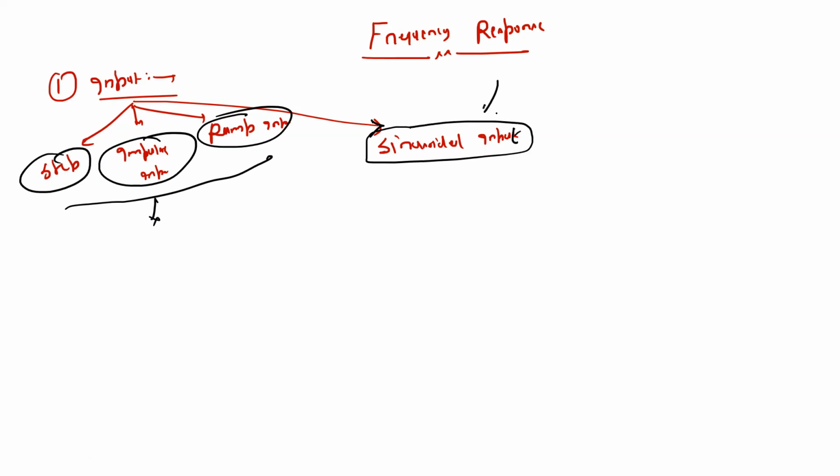Why do we call it frequency response? Because the input is the sinusoidal input. That's why this particular topic is called frequency response. And what is this input? This input is called the forcing function. Why is it a forcing function?